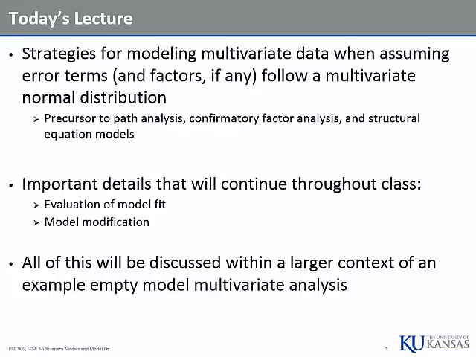Maybe it's not flower data, maybe it's item responses or survey questionnaire responses, and you think there's one factor that underlies it. Or maybe you think there's 4, whatever. That's a hypothesis. What is the alternative hypothesis? You've just seen it: the saturated mean vector and covariance matrix. So that is H1. That's why H1 always shows up in your output, because that's your comparison. So that's where we're going.